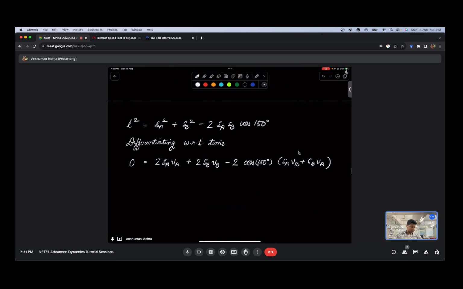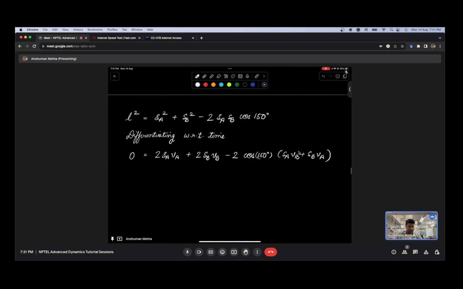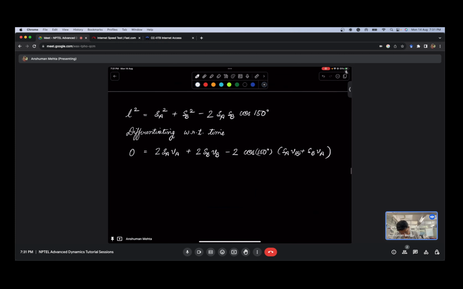So differentiating with respect to time will get us this, and we are given that v of A is equal to 0.4 meter per second, v of B is equal to minus 0.4 meter per second.